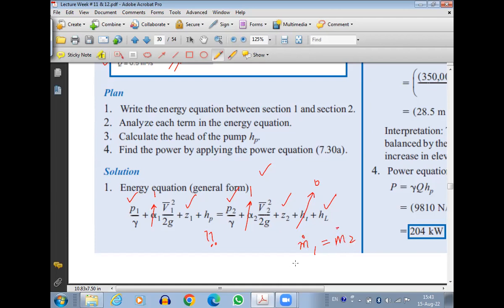But we also know that the formula for mass flow rate is density into volume flow rate, which is equal to density into volume flow rate. So this will be 1, this will be 2. Densities will be the same at 1 and 2 because it's the same fluid flowing. So density can cancel out. So we have volume flow rate 1 will be the same as volume flow rate 2.